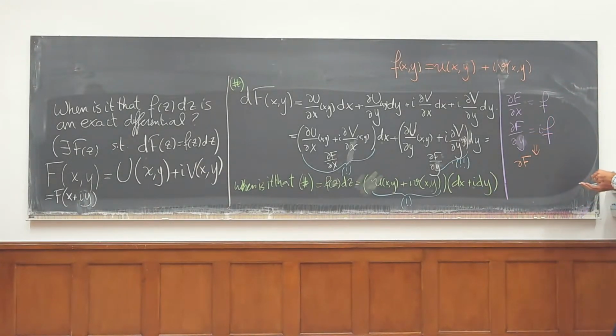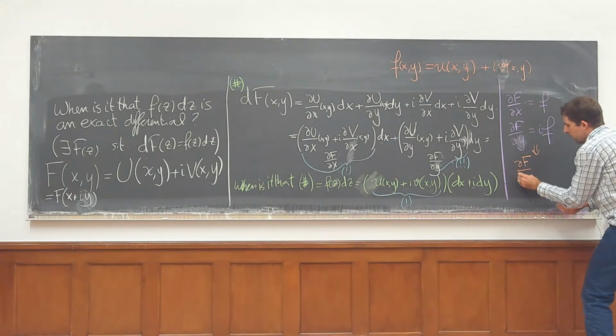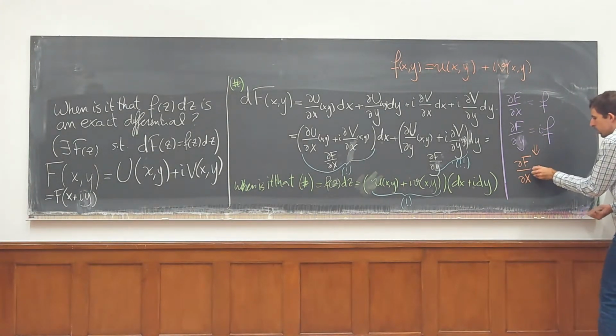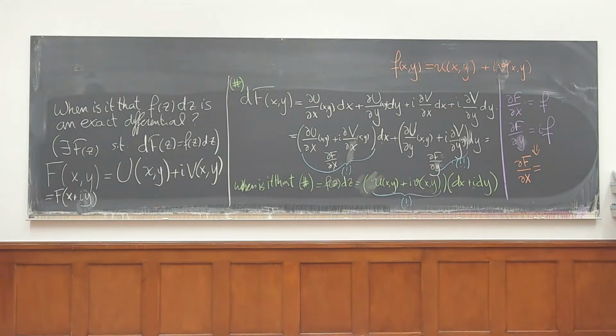This means the derivative of f with respect to y is equal to i times the derivative of f with respect to x. Okay, so f needs to satisfy this property.